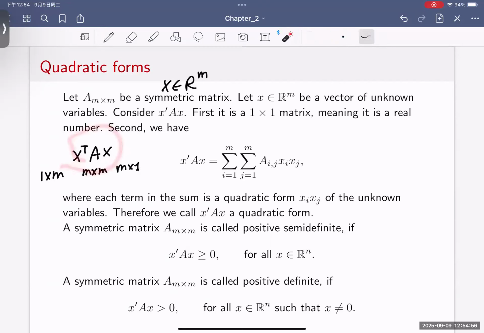So this whole thing eventually results in a constant, whose value can be computed in this form.